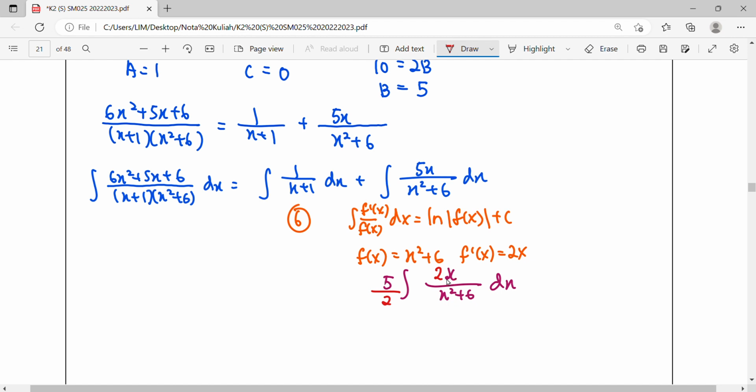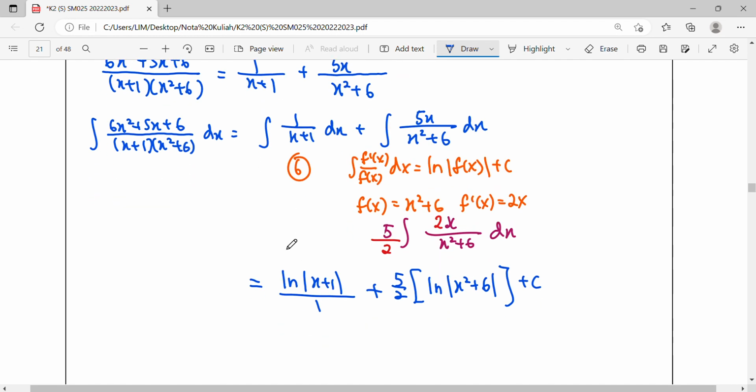So to integrate this, we can straight away get ln of the function. For formula 6, ln of the denominator, linear, over the coefficient of x which is 1. So for this one, 5 over 2, ln of the function, which is x squared plus 6, then plus c.